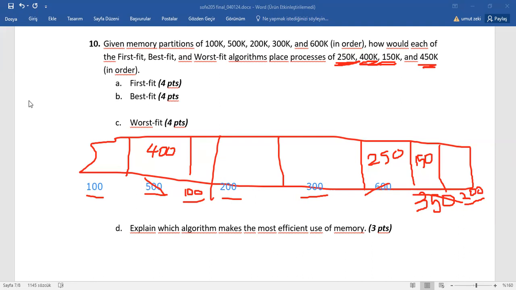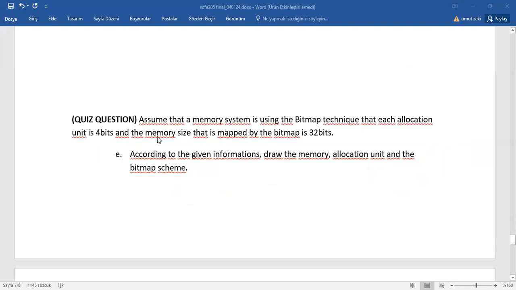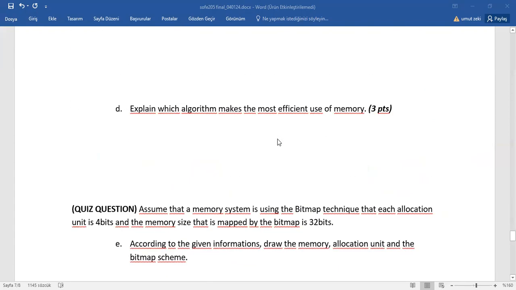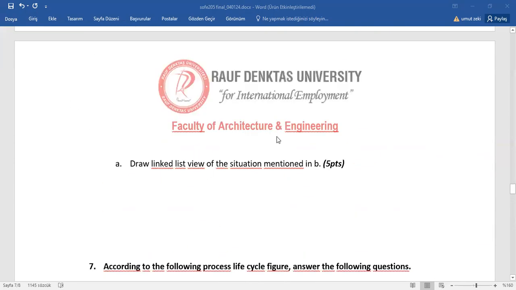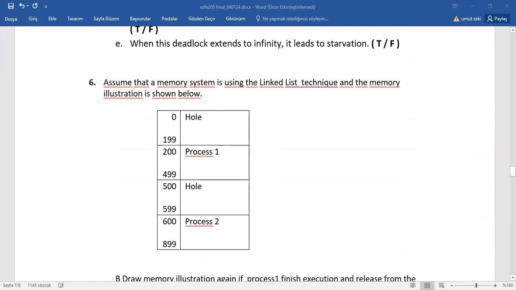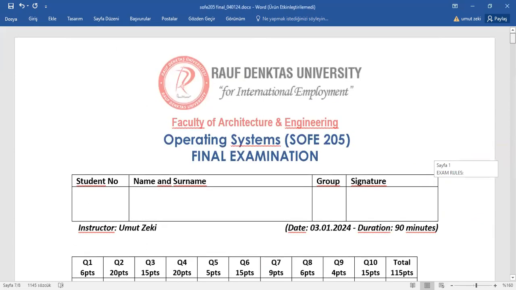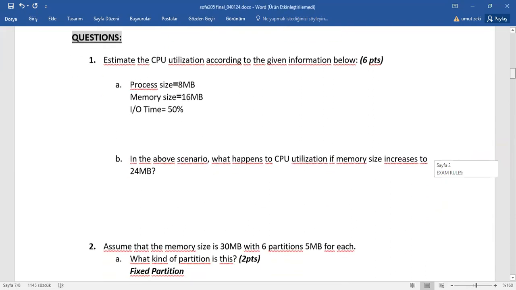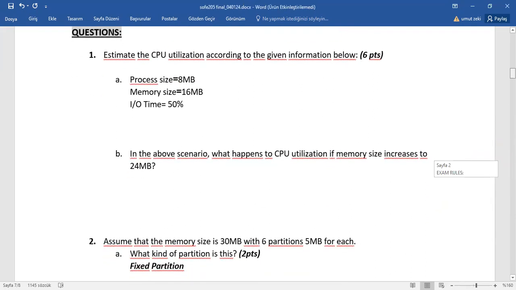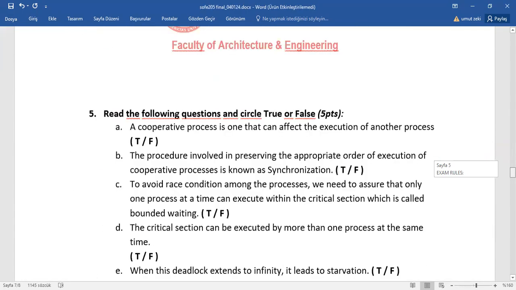And the last one, I'm not going to ask. Just check these questions.